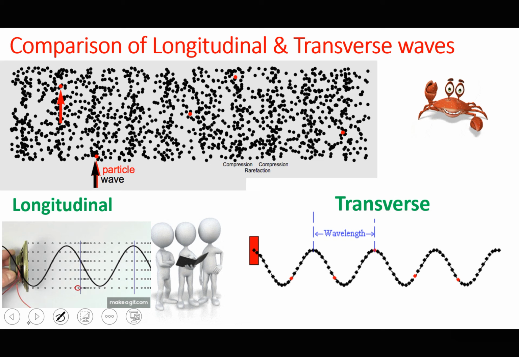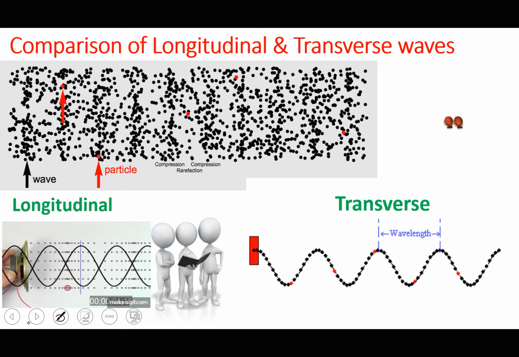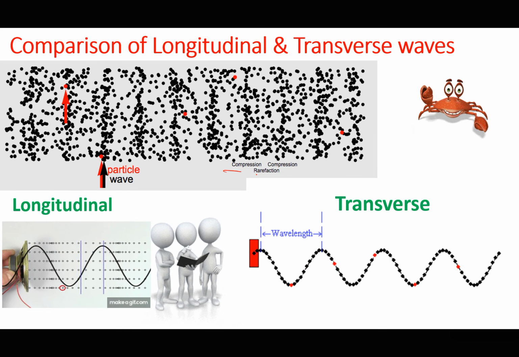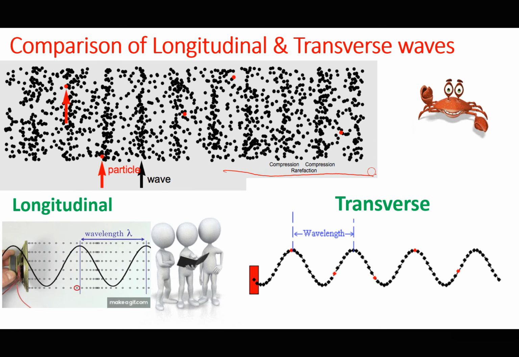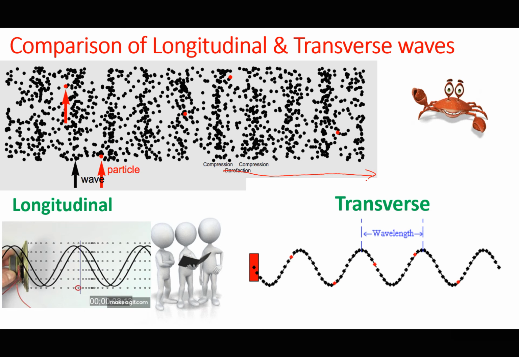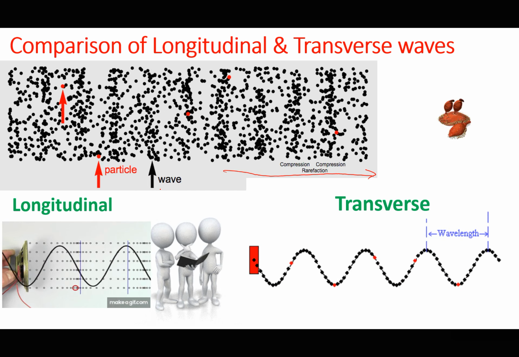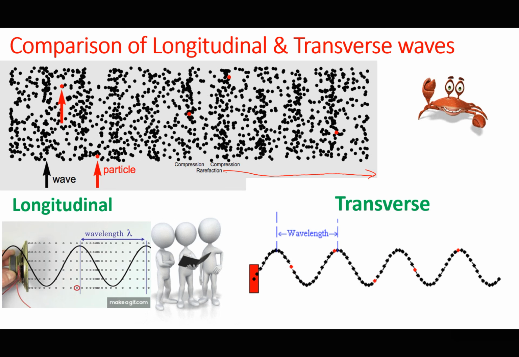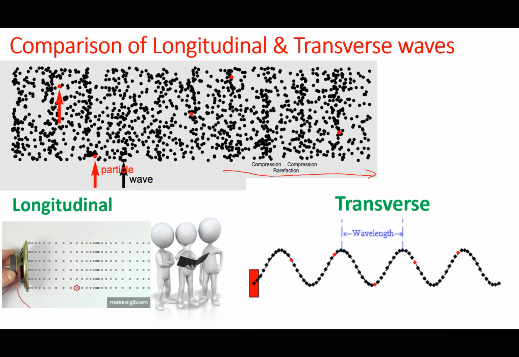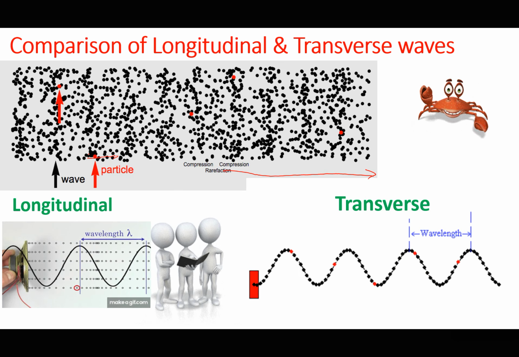we note that for a longitudinal wave, the particles vibrate back and forth. The compressions propagate into the medium from one end to another end. That is for a longitudinal wave. The particles move back and forth. So the red spot, or the red arrow, is showing the movement of the particle, and note that the particle is moving to the left and to the right.